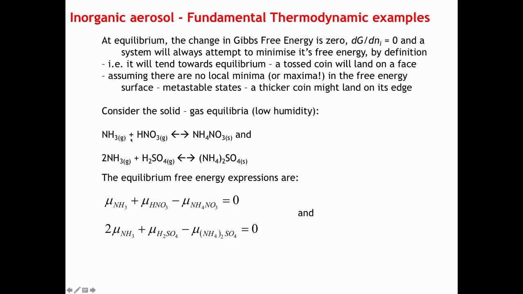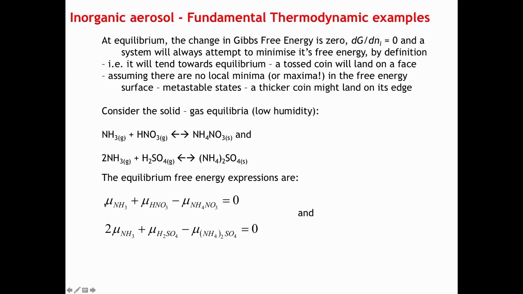So if you've got ammonia plus nitric acid going to ammonium nitrate, this is just in the solid phase, or you've got ammonia plus sulfuric acid, so that's 2 ammonia plus sulfuric acid going to ammonium sulfate, solid ammonium sulfate. The equilibrium free energy expressions are the chemical potential on the left equals the chemical potential on the right.